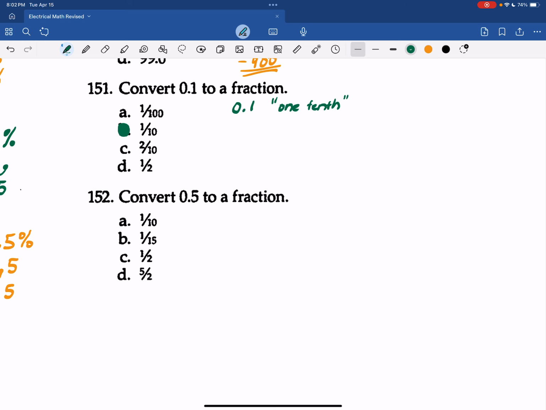If you know that 0.5 is a half, you've got it. If you don't, you have to read it like this. 5/10, which is not there. So see if it'll go lower, and it will. 1/2 is there.